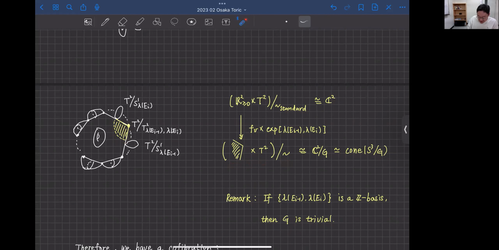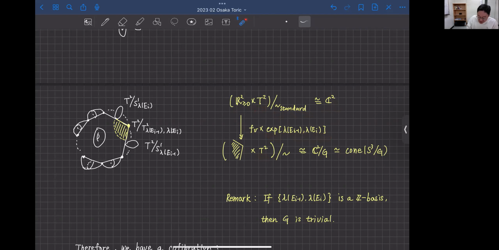And then you can naturally compare this with the natural presentation of C^2 by R^2 positive times T^2 modulo the standard relation, which means the coordinate from R^2 positive represents the distance from the origin, and the coordinate from T^2 corresponds to the angle coordinate. And then there is a natural endomorphism of T^2 given by the exponential of these two data, right?